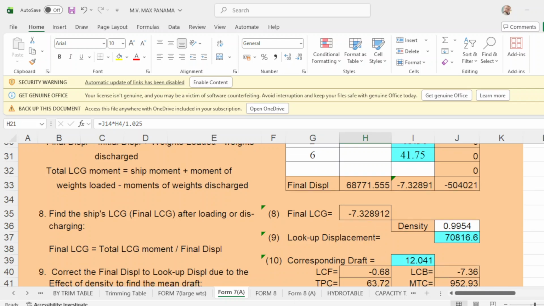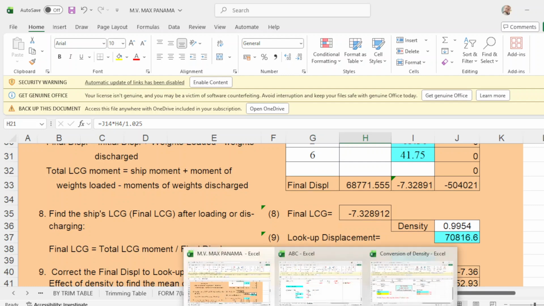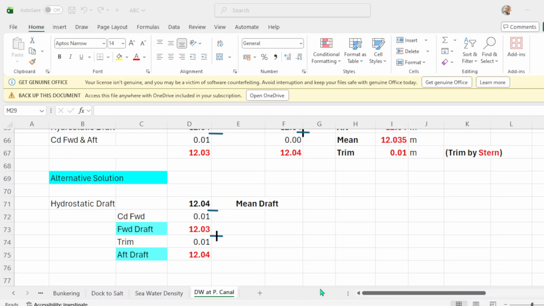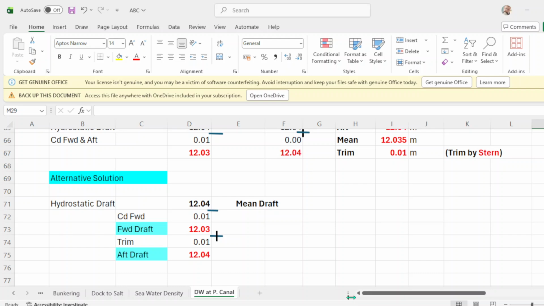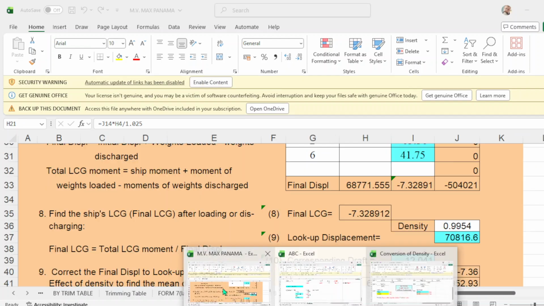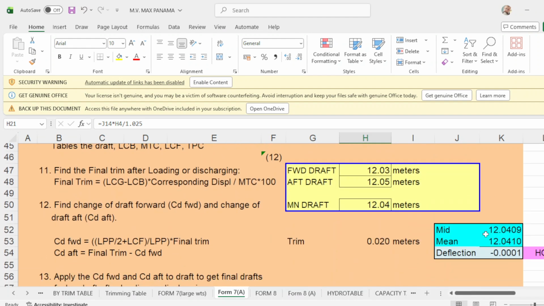And your main is 12.04, and your deflection is 0.